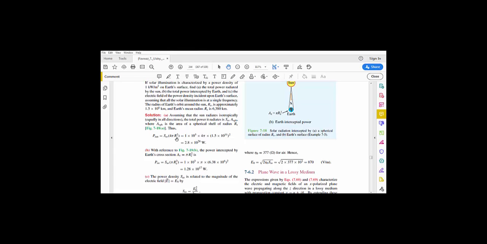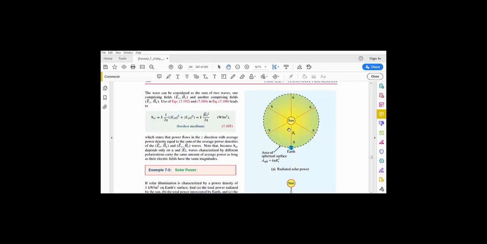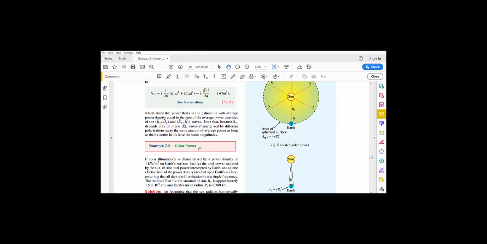So by using this distance we can calculate the area of the sphere surrounding the sun, and by using the power density, which we know is 1 kilowatt per meter square, we can calculate how much power is radiated by the sun. Okay, because here we have isotropic radiation.